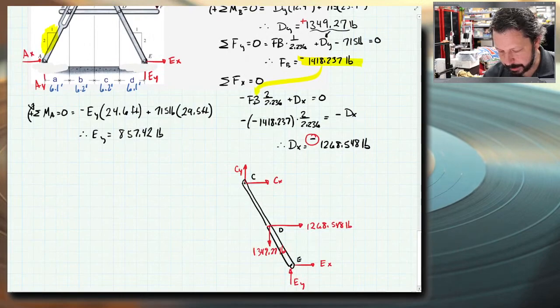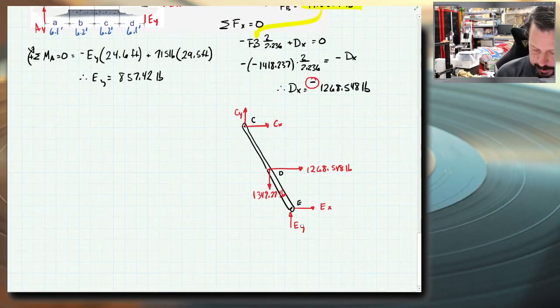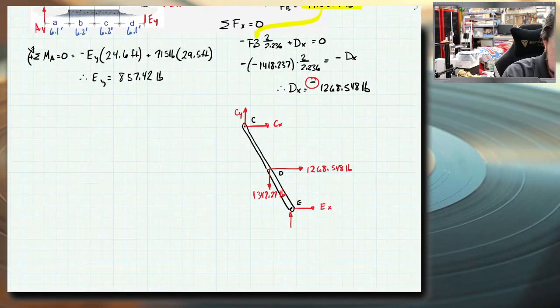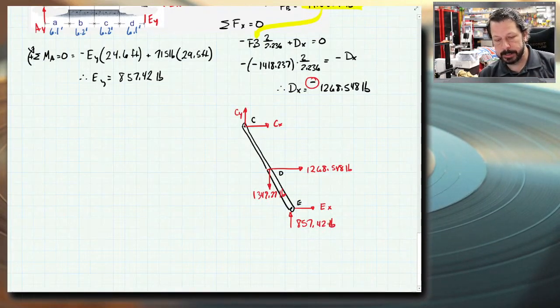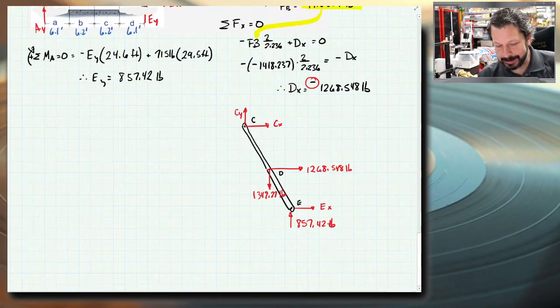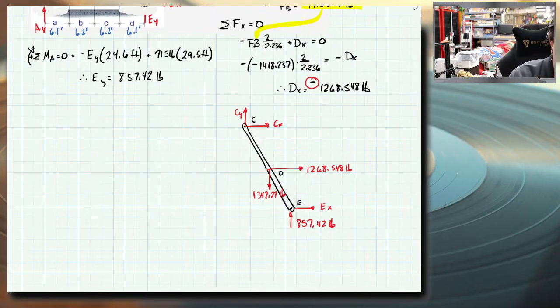And once I know that, then instead of having EY over here, I have 857.42. And I've got the 3 unknowns, CX, CY, and EX. And then I would do moments about C, probably.